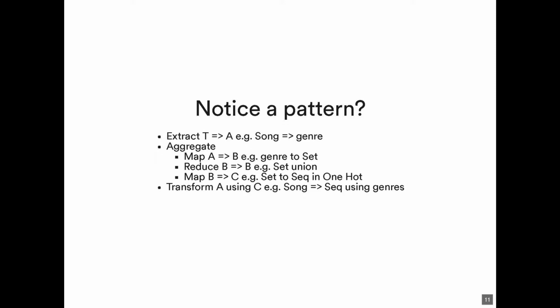In one-hot, that's mapping your genre to a set, and then you reduce it using set union to get your unique genres. And then you map that back to a sequence, so that's something you can use to do your one-hot encoding.